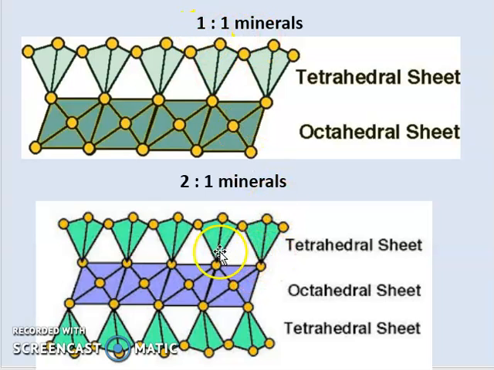But if you have 2 tetrahedra and 1 octahedra, the mineral is called 2,1,1. Look here. When tetrahedra bond with octahedra, they lose 2 hydroxyl ions. So here 2 hydroxyl ions will be lost, and here also 2, so the sum is -4 OH.